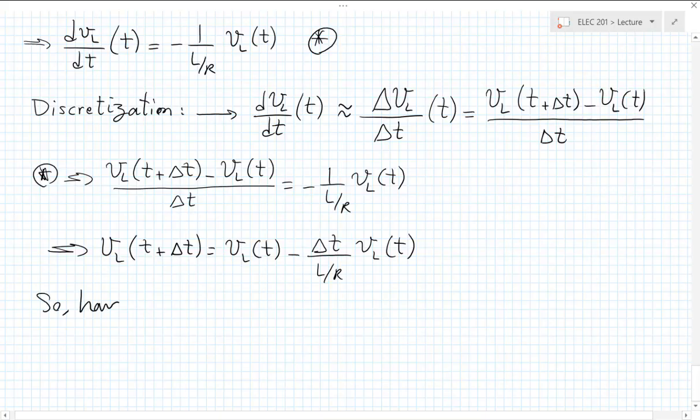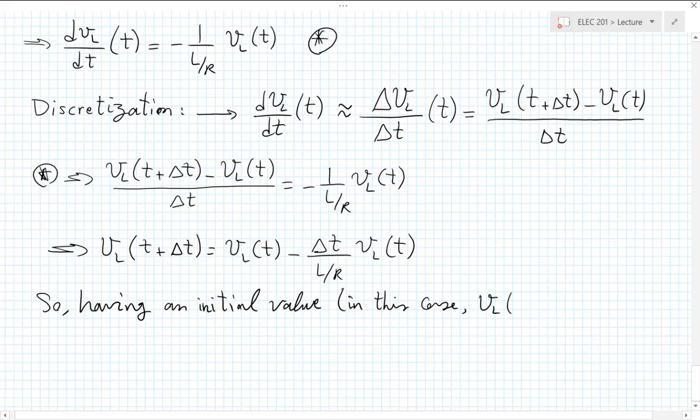So having an initial value, in this case VL of 0 plus, we can start moving in time in steps of delta t.